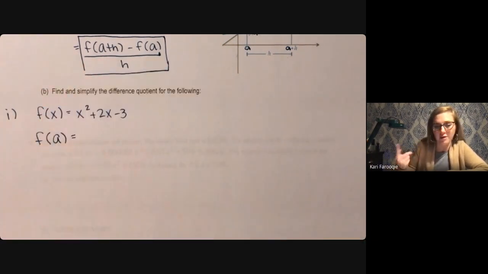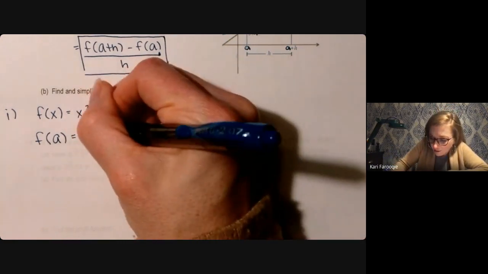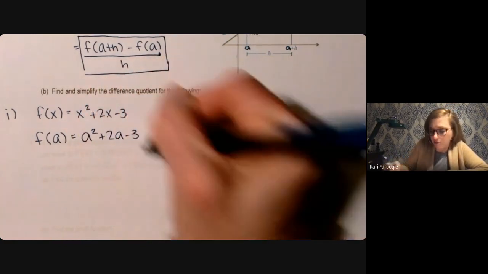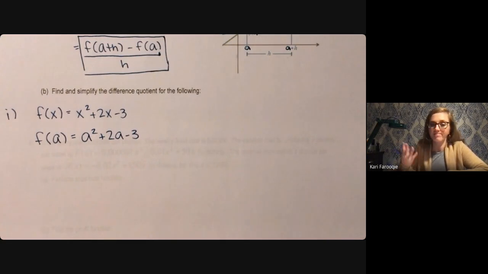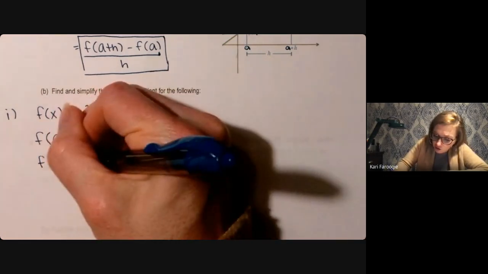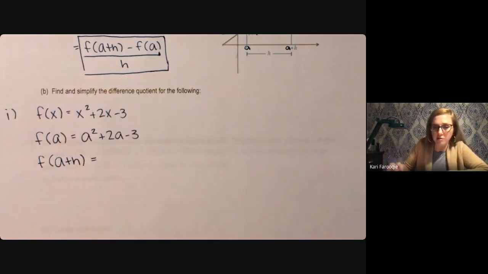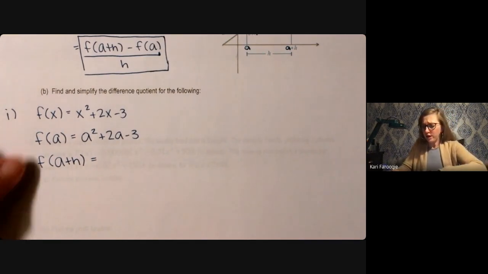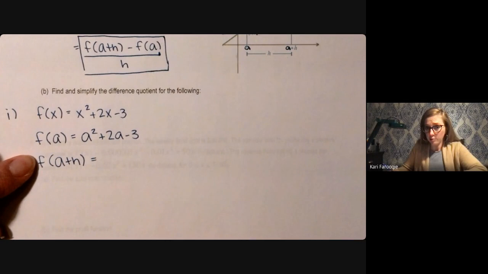If I already have f of x, well, f of a is just a squared plus 2a minus 3. The next thing we'll grab is f of a plus h. We'll have to create this. You can either use f of a, and everywhere you see a, you can swap it out with a plus h.